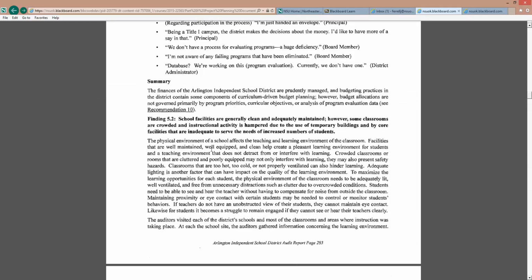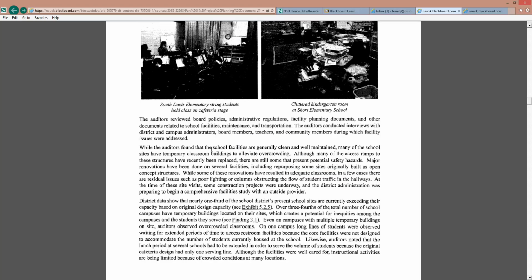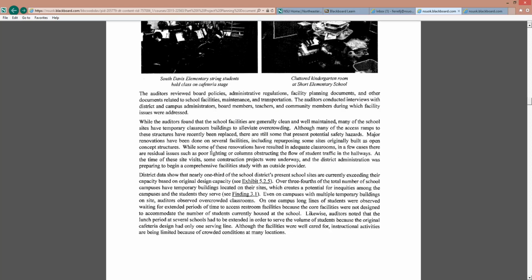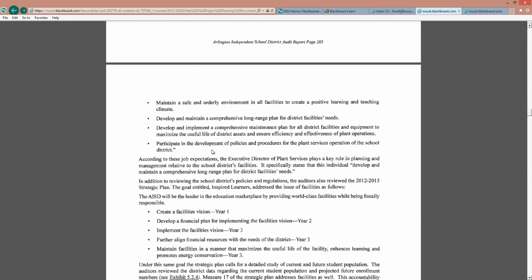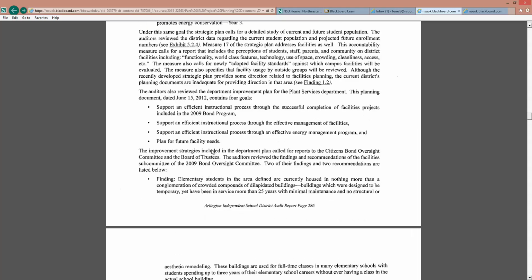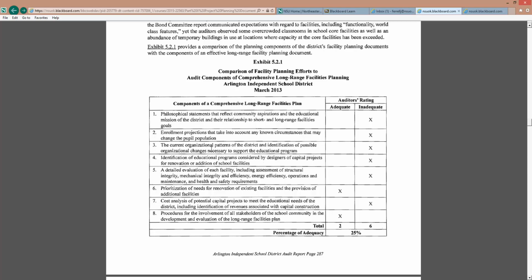So just to show you a few more examples here, this is Arlington ISD, or Arlington Independent School District in Arlington, Texas. I believe that Arlington had, well, I don't remember how many students, maybe they'll tell us. I did not participate in this audit. But here's their report.